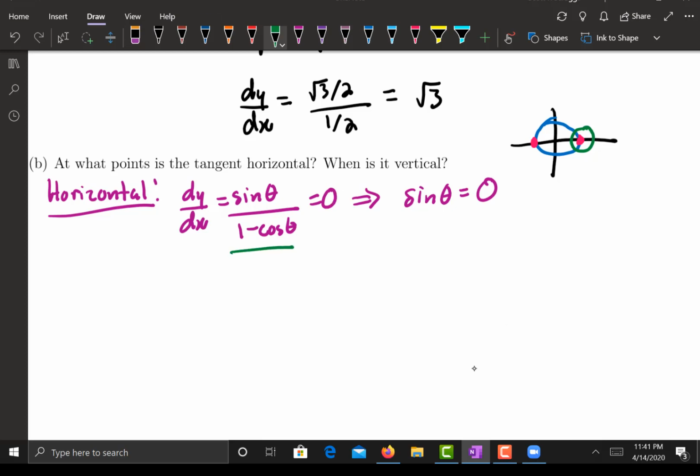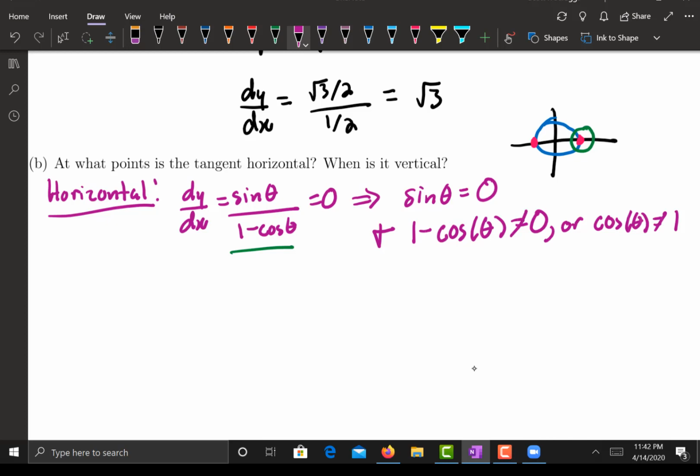But in my denominator, if I pick, say, 0, then I'll have cosine of 0 equals 1, and I'll make the denominator undefined. So for this case for horizontal, I now have to be more careful and also make sure that 1 minus cosine does not equal 0, or make sure that cosine of that angle does not equal 1.